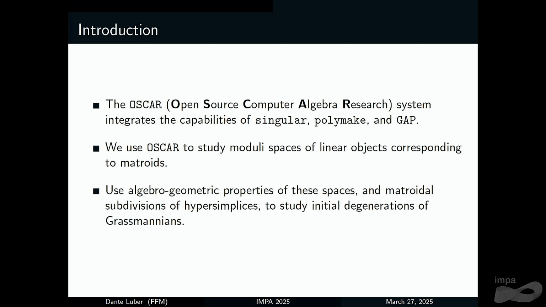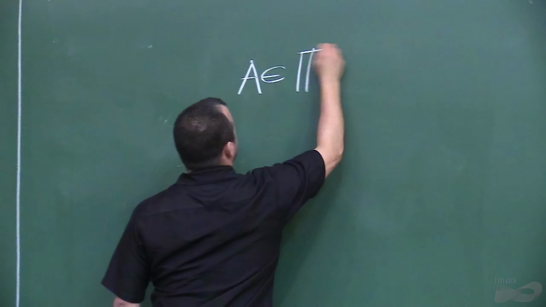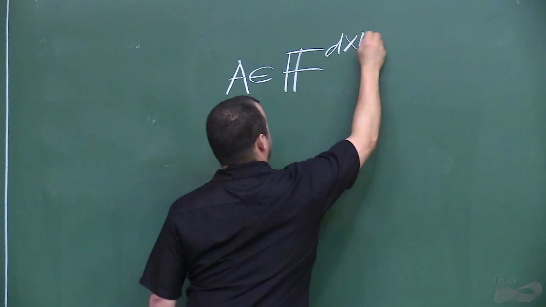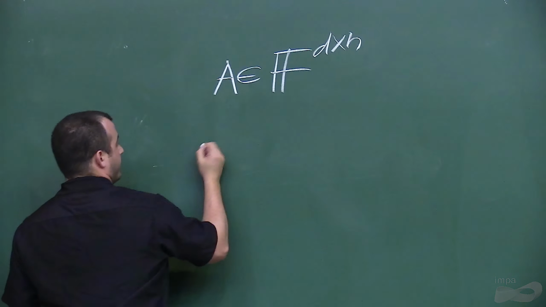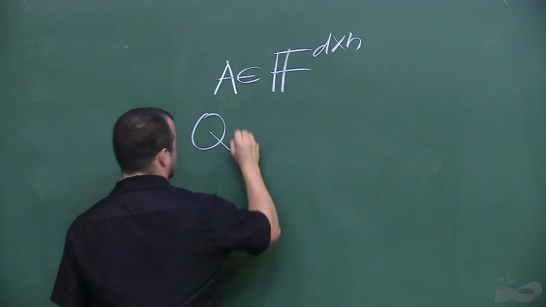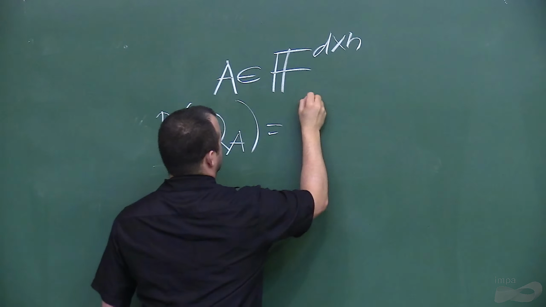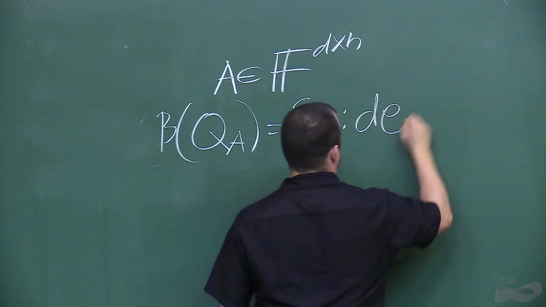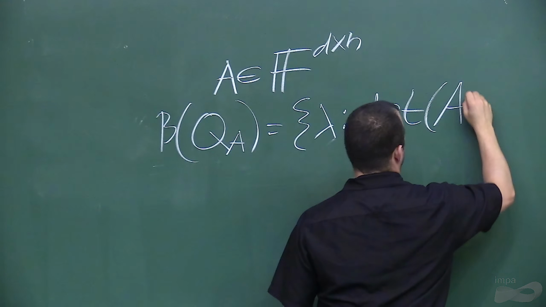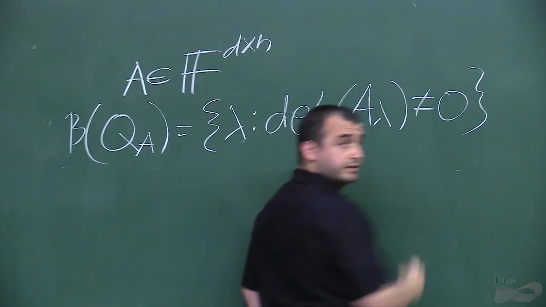And one way to get a realizable rank D matroid on n elements is to take some matrix with entries from a field, a D by n matrix of full row rank, and then just say that the bases of your matroid, I'm going to use Q, say QA, the bases are the labels of the D by D submatrices that have non-zero determinant. Yeah?